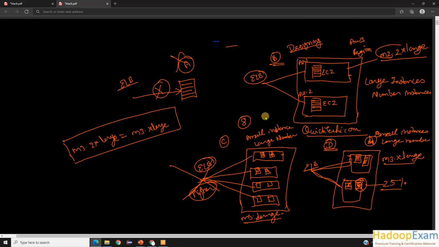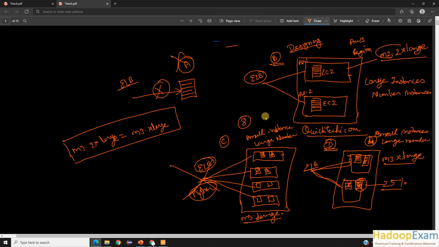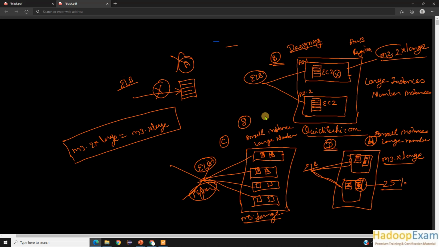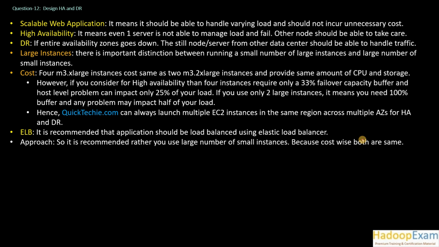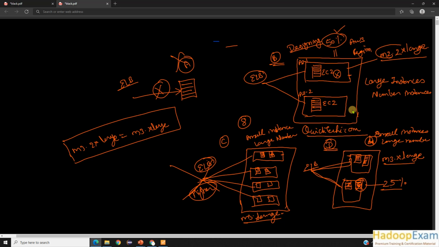But here, if one instance goes down, 50% of the load is impacted, and this is equal to your availability zone going down altogether, correct? So hence this is not a good solution, because even though the cost is the same for both, here if one instance goes down it would affect 50% of your load, but here only 25% of the load is impacted.